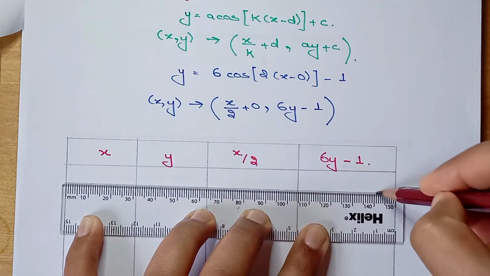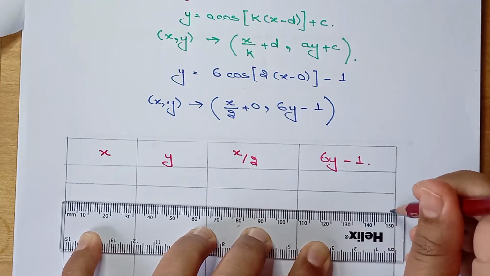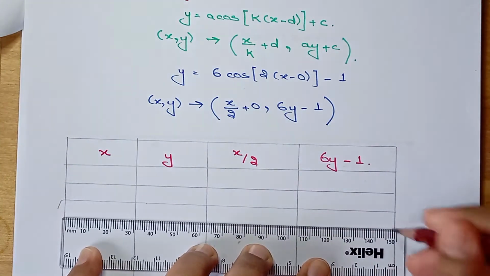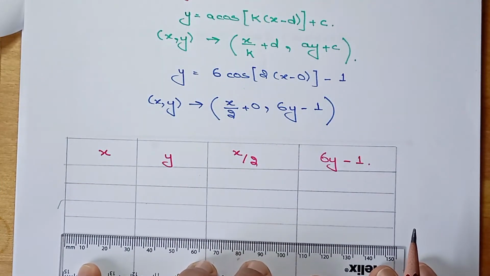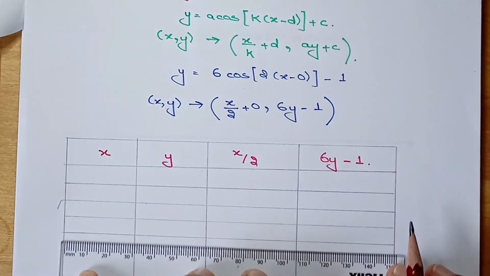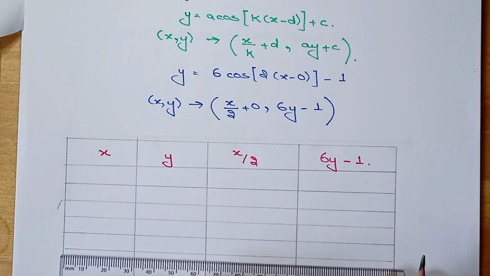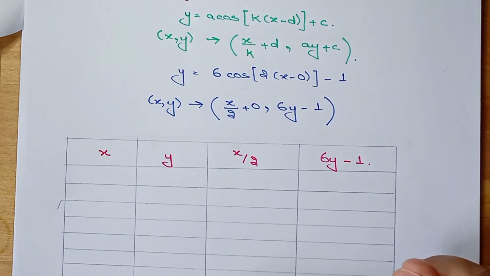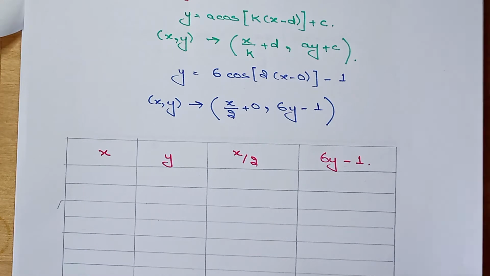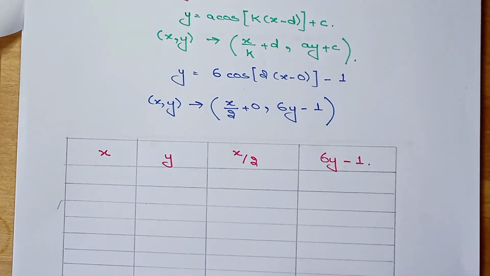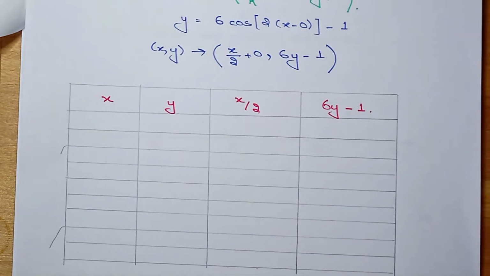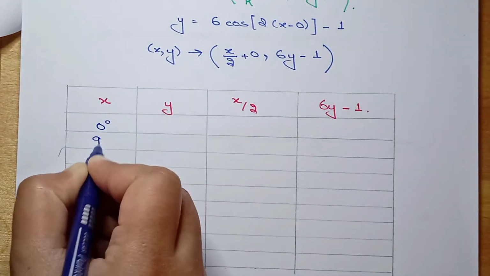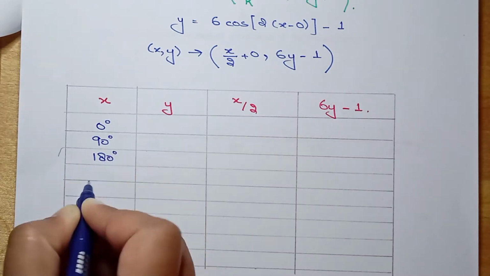So take x values like 0 degrees, then 90, then 180, then 270.